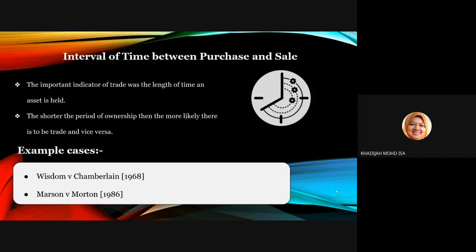That's why we have to understand the case, to make it more interesting, by looking at the start of the case and the movement of the case. But in this case, when I see Wisdom and Chamberlain, I do not know who the taxpayer is. But you mentioned that Wisdom bought the silver bullion, so you know that's the taxpayer. I believe that Chamberlain here is the judge, could be.